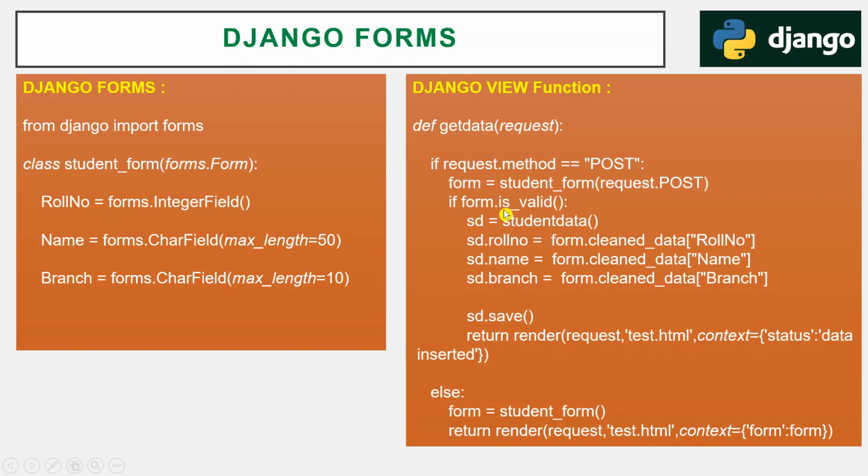It's very simple, friends. Just one simple method, is_valid, that's it. This function will take care of all these things: whether the user provided the roll number, whether the name is properly provided as text, or whether the user provided number data instead of text.